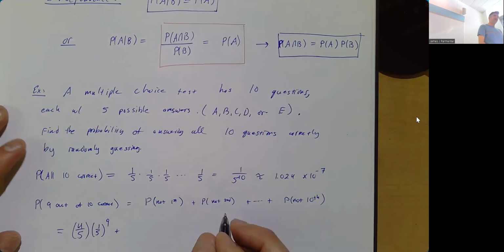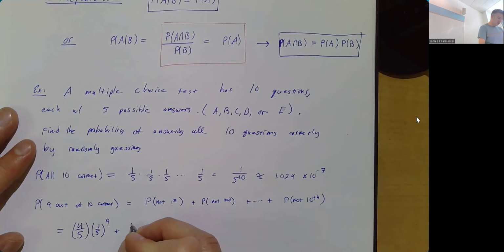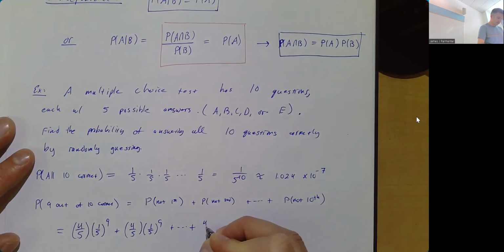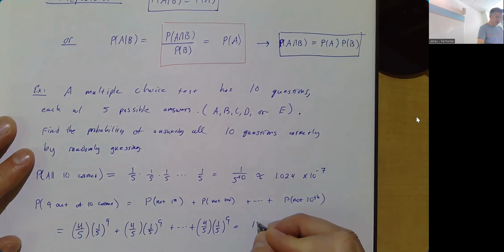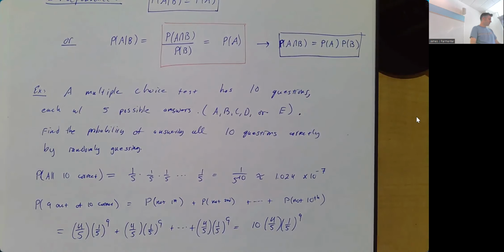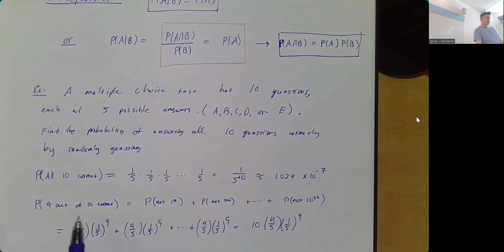And the probability of getting the second one wrong and the other 9 right is also 4/5 times 1/5 to the 9th. And it's the same probability for all 10 of these. So the answer ends up being 10 times 4/5 times 1/5 to the 9th. Which is very small. Not quite as small as getting all 10 correct, but still pretty small.